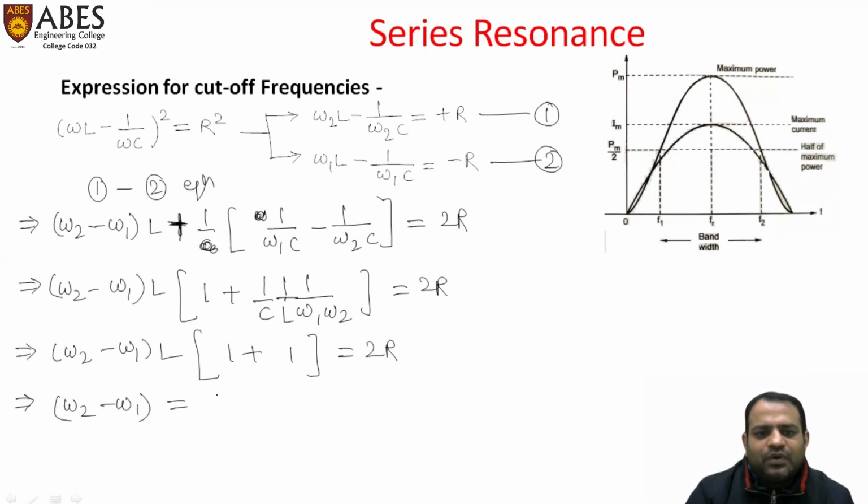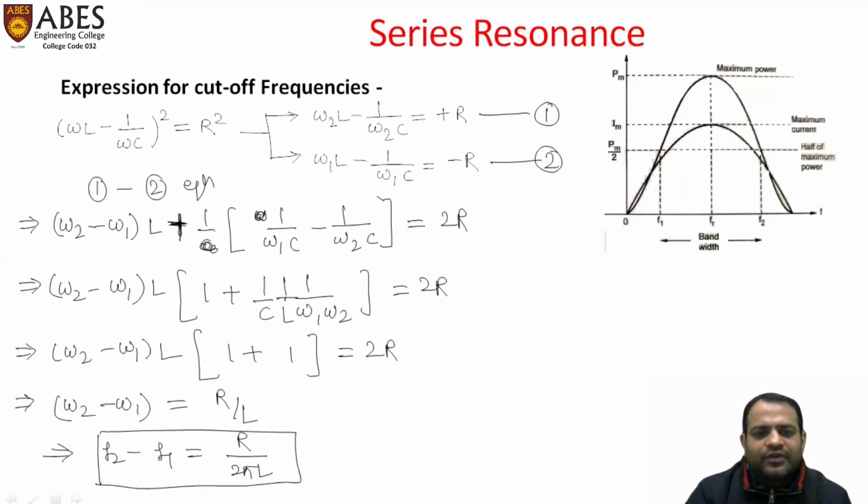It is equal to R by L, and correspondingly for frequency, F2 minus F1 is equal to R upon 2 pi L. So this is the difference of cutoff frequencies, F2 minus F1.